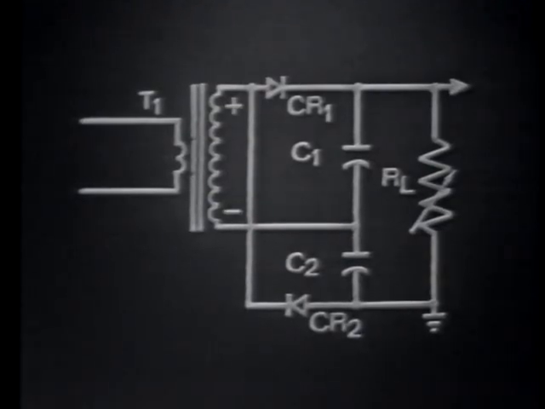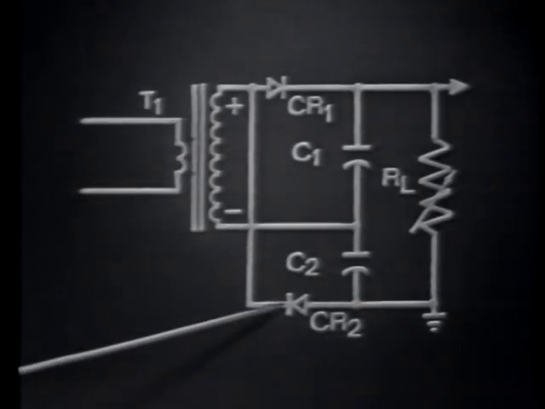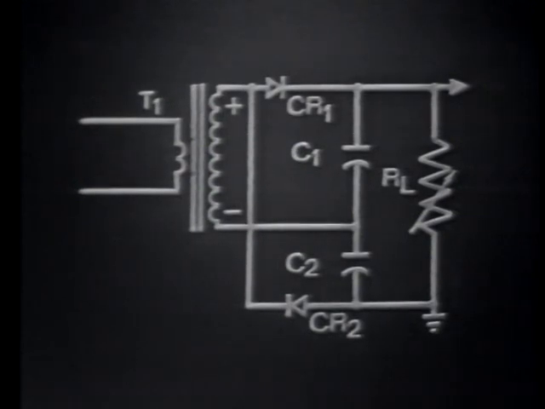If we begin circuit operation when the input signal is negative to positive across the transformer secondary, then the anode of CR1 is positive, and likewise the cathode of CR2 is also positive. Now, in order for a diode to conduct, we know that the diode must be forward biased, or its anode must be positive with respect to its cathode.